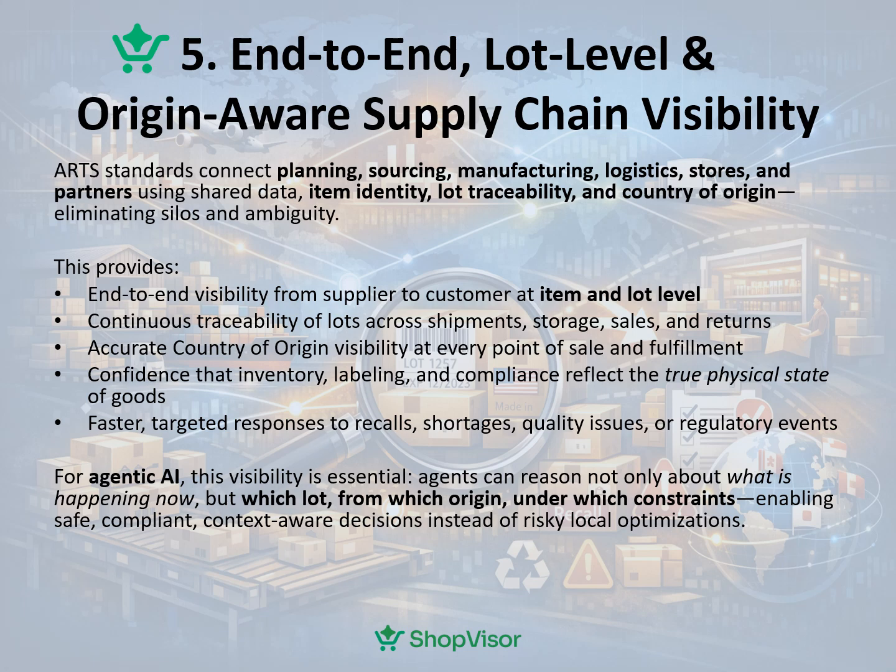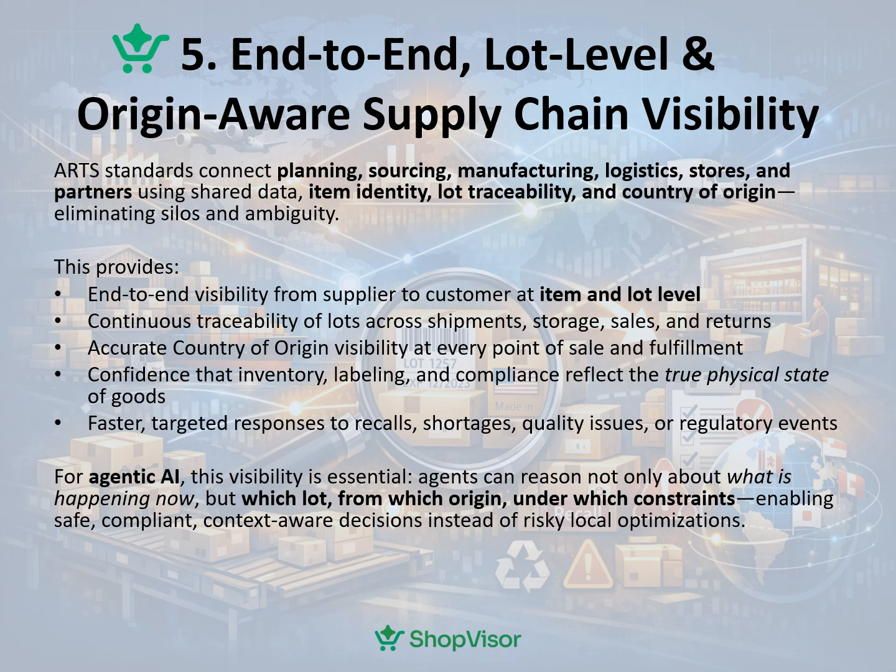So number 5, again, end-to-end, lot-level, and origin-aware supply chain visibility. The ARTS standards, again, connect planning, sourcing, manufacturing, logistics, stores, and partners using shared data: item identity, lot traceability, and country of origin labeling, eliminating silos and ambiguity. And again, it provides end-to-end visibility from supplier to customer at the item and lot level.